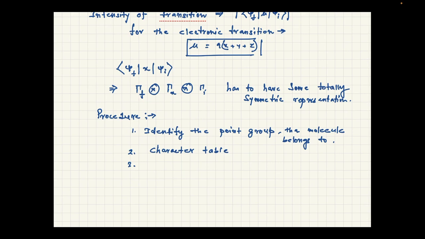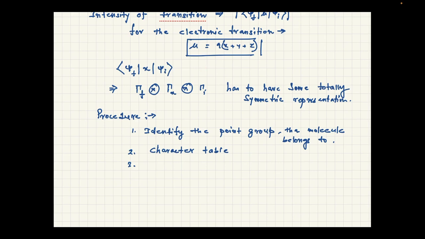Now if the direct product contains the totally symmetric representation, that means a1g or a1, then this transition moment integral will have a non-zero value, and then the transition will be allowed. And if the transition moment integral is 0, then the transition will be forbidden.